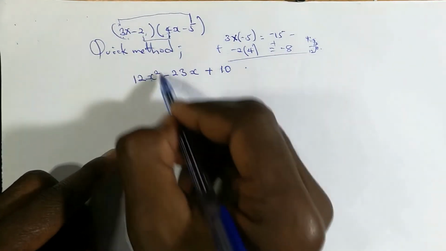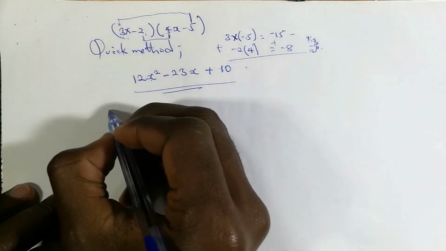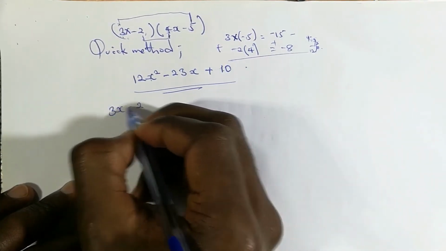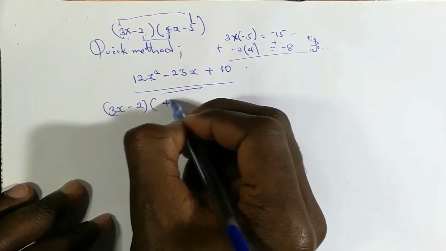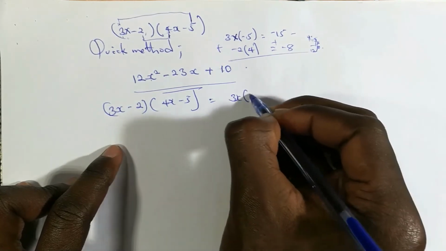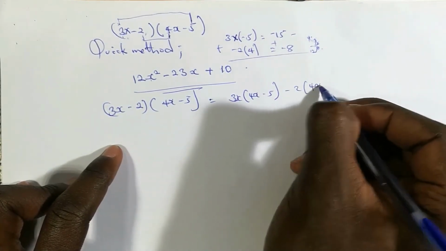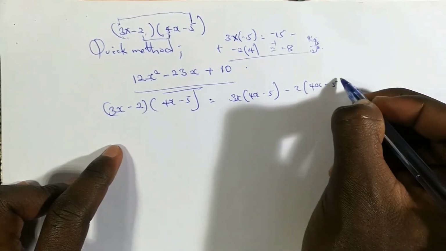That's a quick method of getting that. So that you have (3x - 2)(4x - 5). You have 3x into (4x - 5) minus 2 into (4x - 5).